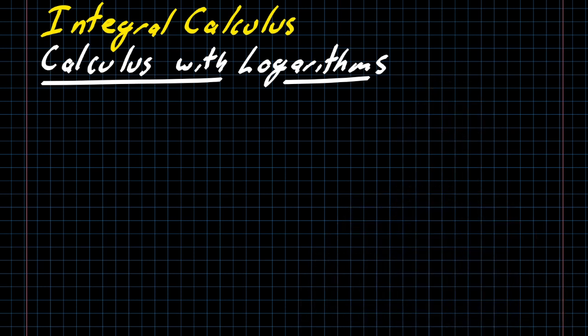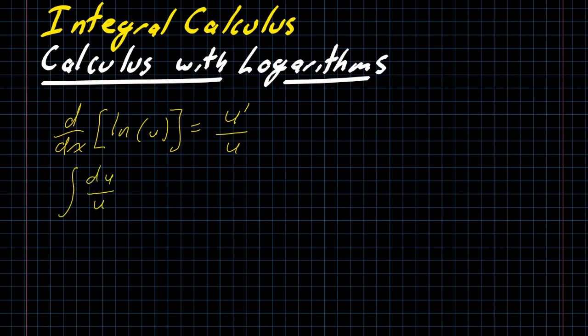In previous videos, we've already established that the derivative of the natural log of u is u prime over u, and that the integral of du over u is the natural log of the absolute value of u plus some constant of integration.